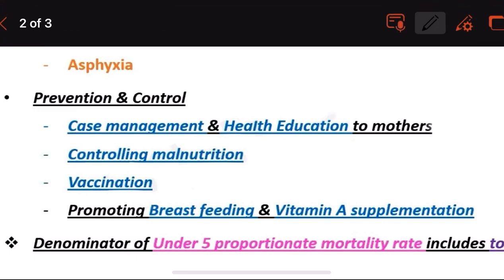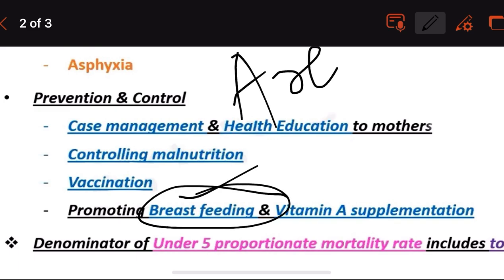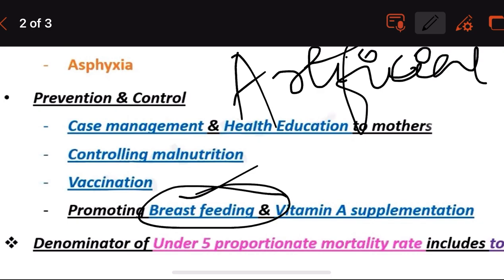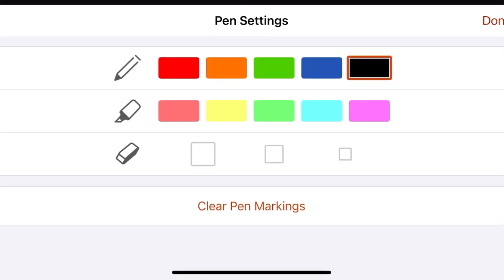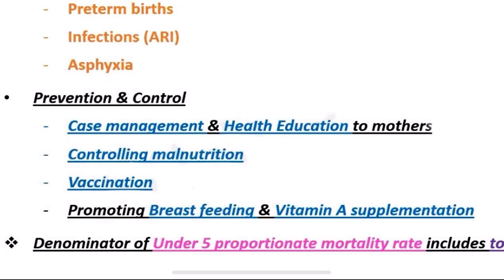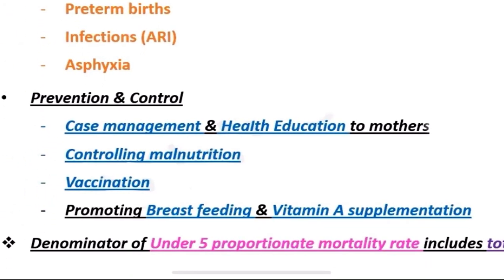You have to tell the mother about the importance of breastfeeding, the disadvantages of artificial feeding, and how the babies are at risk. When we studied risk infants, we saw that artificially fed, bottle fed babies are risk infants. So breastfeeding is very important to prevent under 5 mortality.